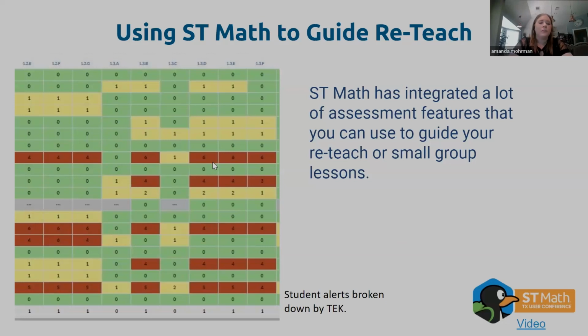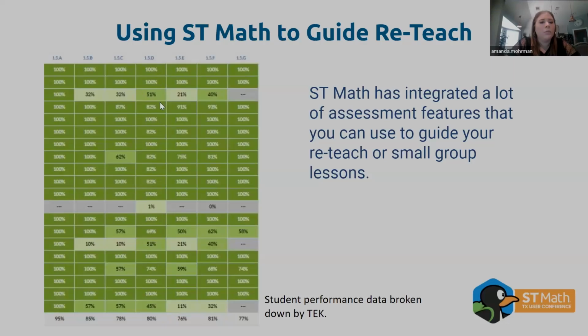I prefer to use this one. This one has integrated a lot of assessment features, but it has your alerts broken down by TEK based on how many times they got stuck. We're going to watch another video here in a second, but say for 1.3B, if you go back here, so many of these kids say they're at 100%.